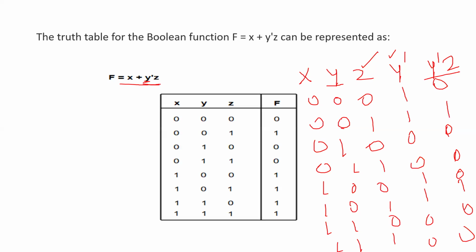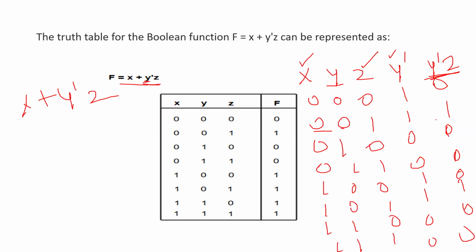Now we need to add: x plus y bar z. We know x here and y bar z here, so we calculate. For the OR gate, if any value is 1, the answer will be 1. Whenever both values are 0, only then will the output be 0. This is the addition.